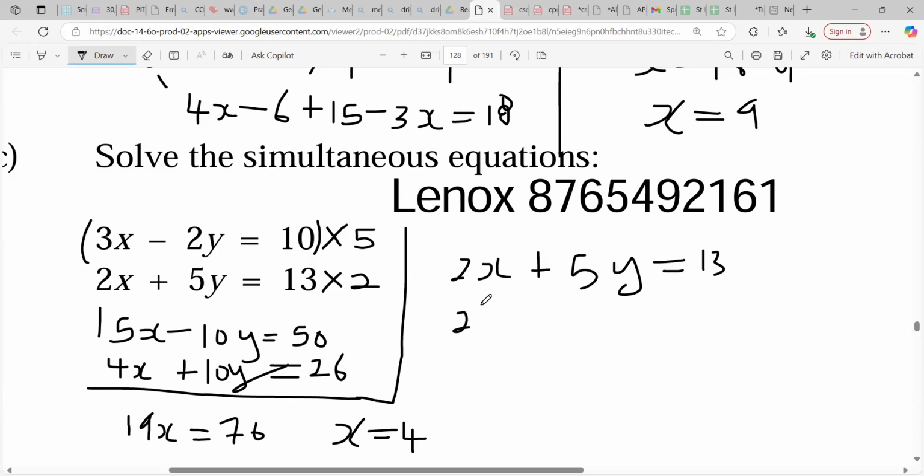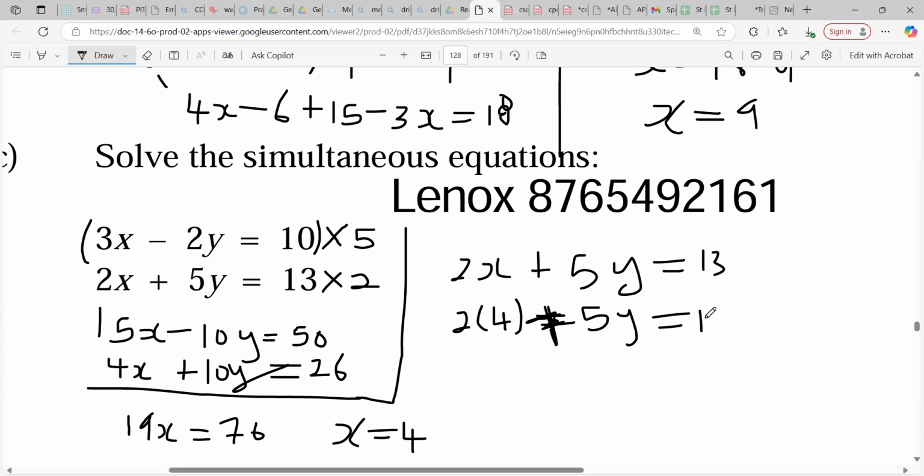So 2 times 4 plus the 5y. This is supposed to be plus. And that must equal 13.